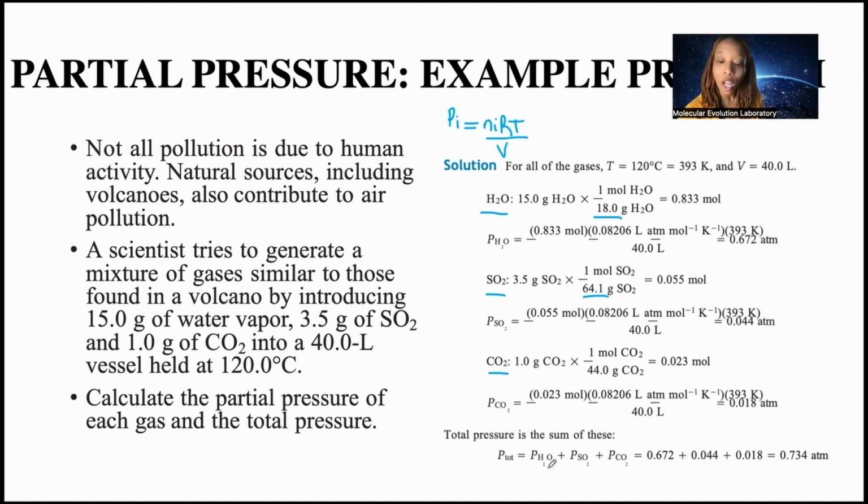To get the total pressure, or P total, we now have to add the partial pressure of each: the partial pressure of H2O, sulfur dioxide, as well as carbon dioxide. The partial pressure of H2O we calculated as 0.672, so it would be 0.672 plus 0.044 atmosphere for sulfur dioxide, and 0.018 atmosphere that we calculated for the partial pressure of carbon dioxide.